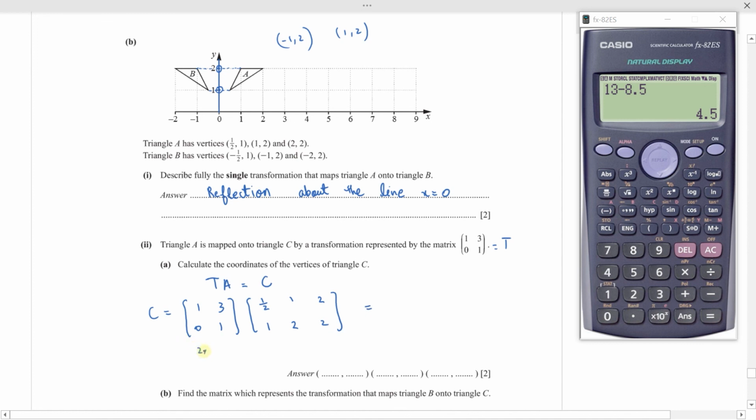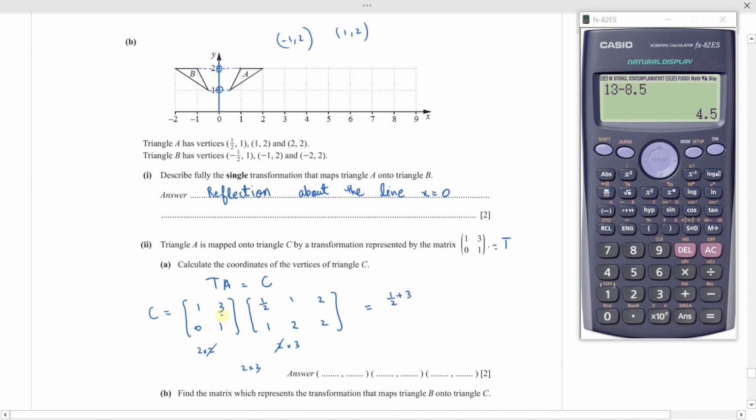So this is a 2 by 2 matrix, and this is a 2 by 3 matrix. If I cancel out the columns of the first with the matching rows of the second, I will get a 2 by 3 matrix as the result of their multiplication. So let's do the multiplication. First row times first column: 1 times 1/2 is 1/2, plus 3.